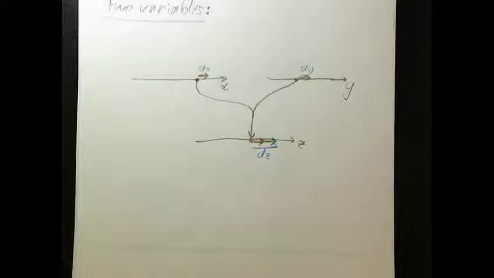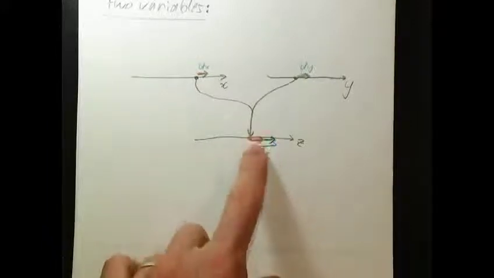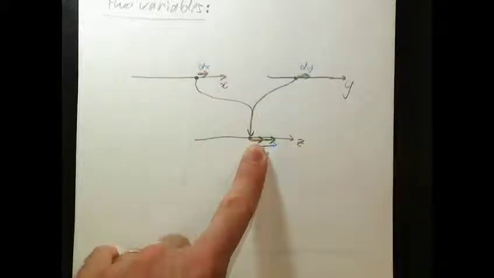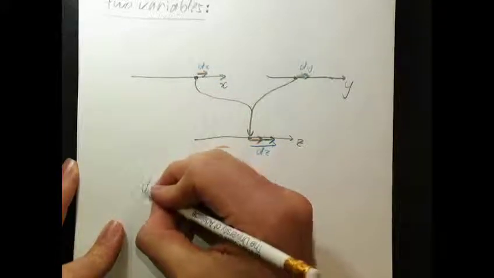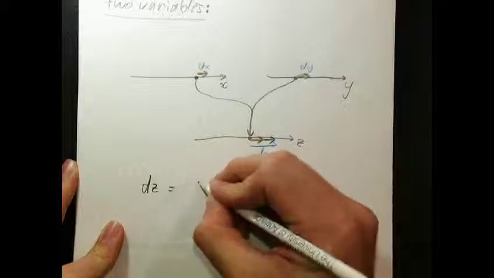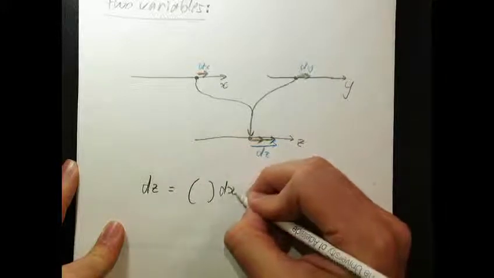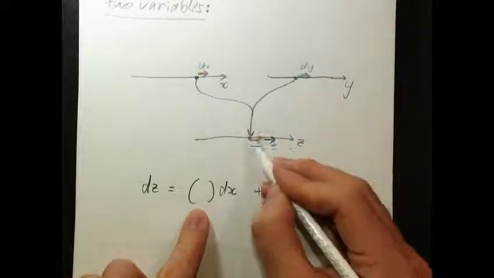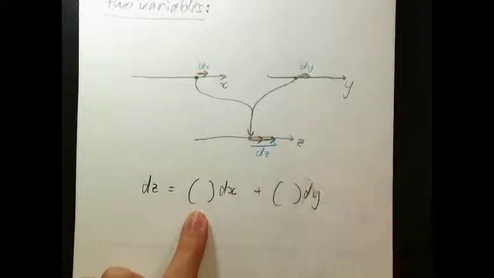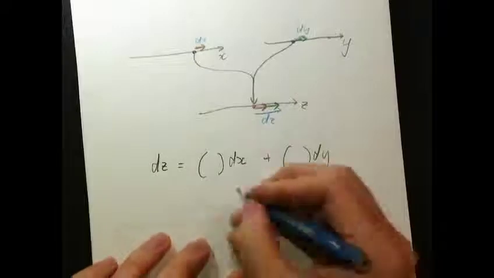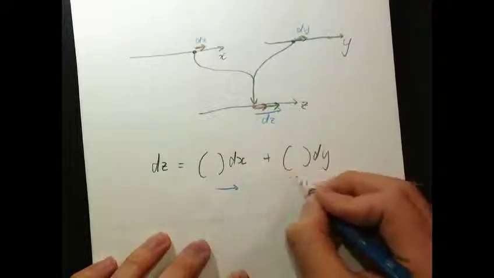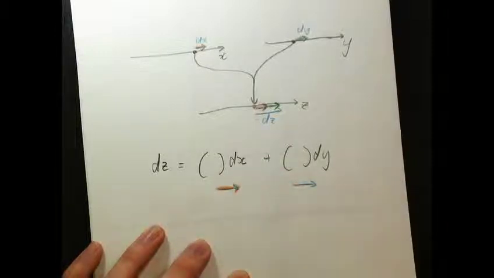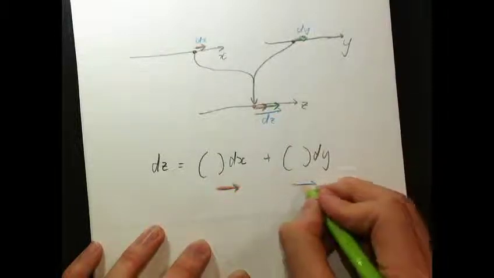Okay, so this change here, this orange one, is going to be just like it was before, a multiple of the dx. So what I'm going to get is that my change in z is going to be something times dx plus something times dy. So this is my first orange arrow, this is my second orange arrow. This is my second green arrow.